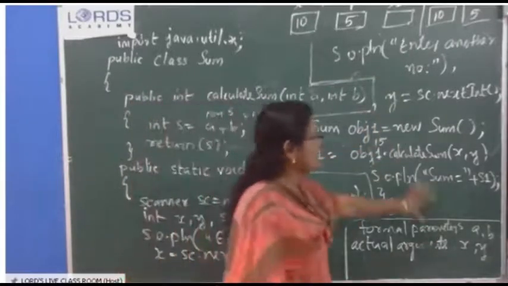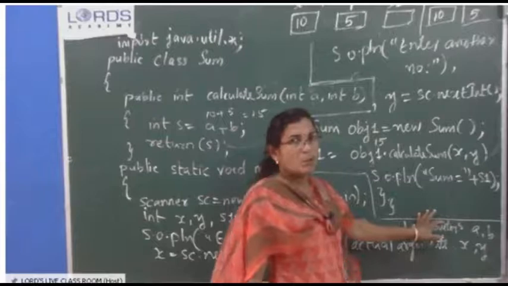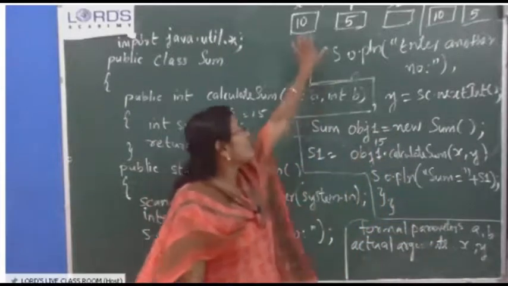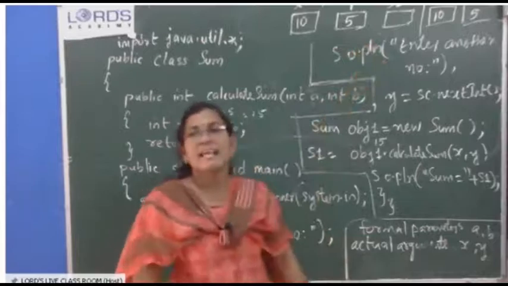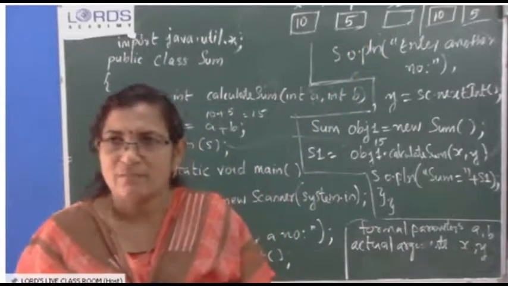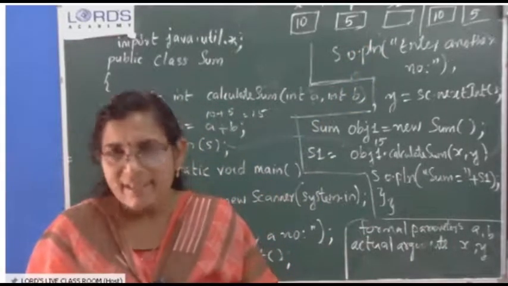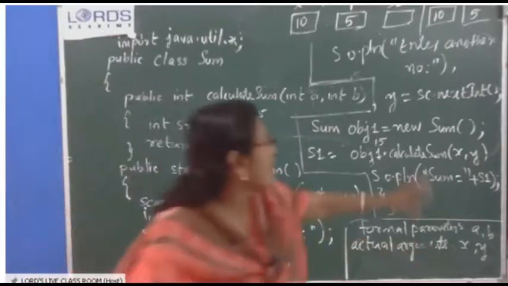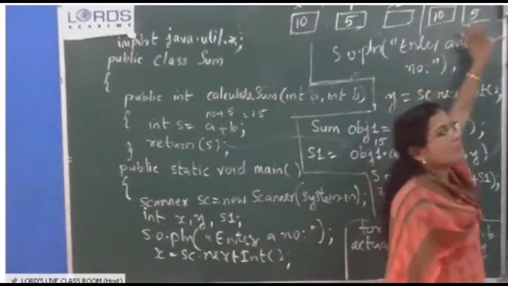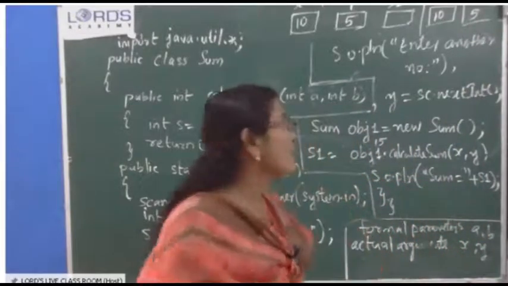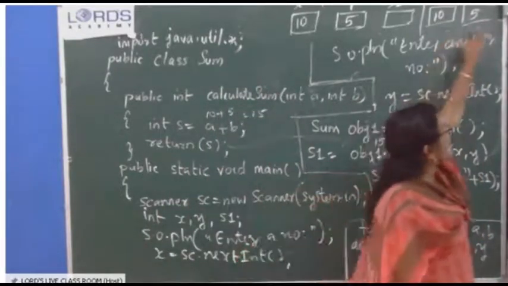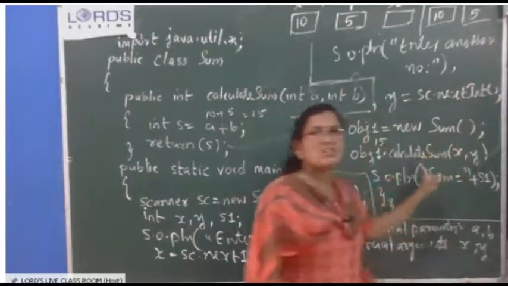The original values are stored in the variables x and y in main, and we gave a copy of them to the function to perform the addition. In the function, we have the variables a and b to accept and store the values. So a and b get the value only when the function is called.